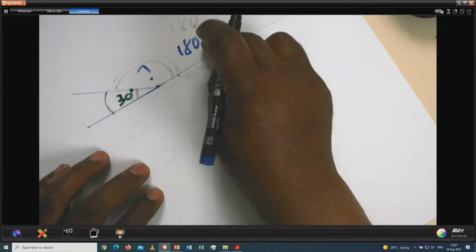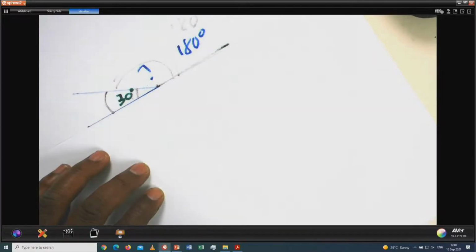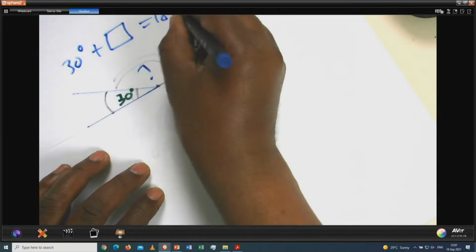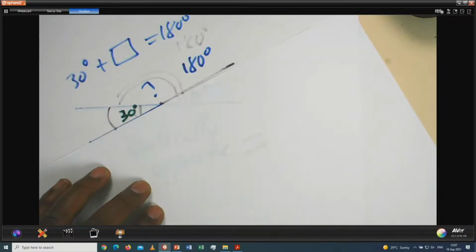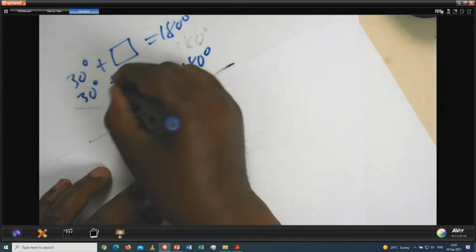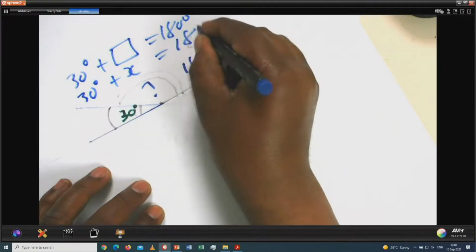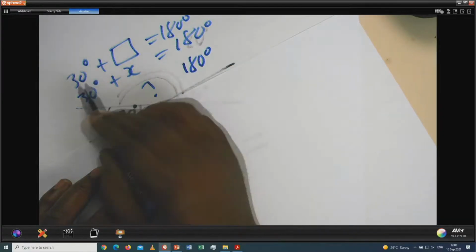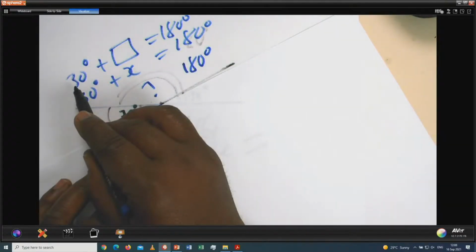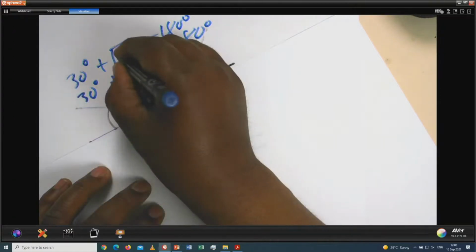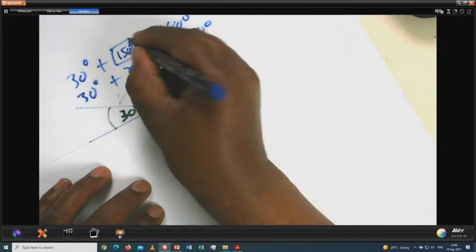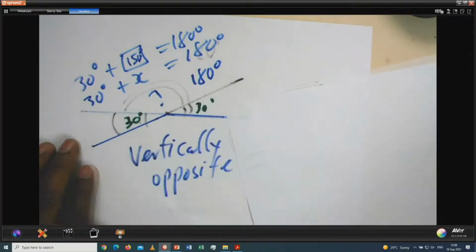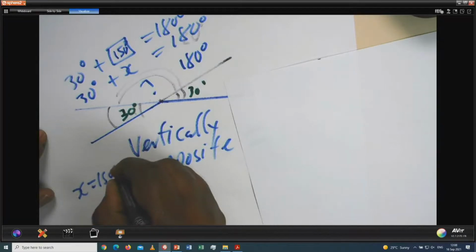For you to get 180, 30 degrees plus what do you put here? To make that statement equal, what will your x equal? For me to get 180 from 30, I must put 150 here. Meaning that my x is 150 degrees.